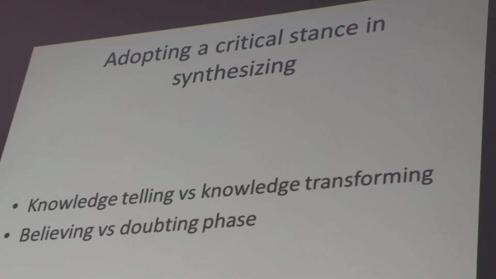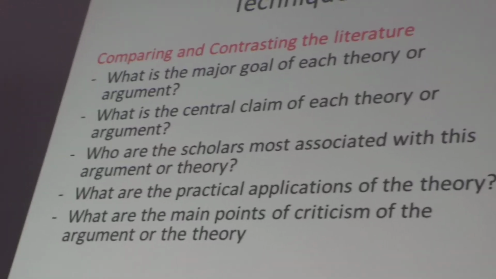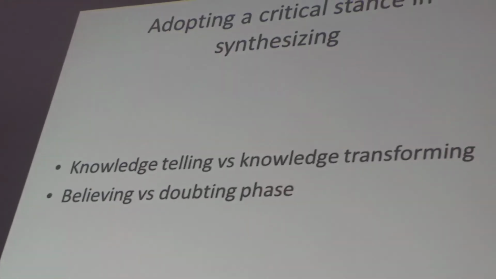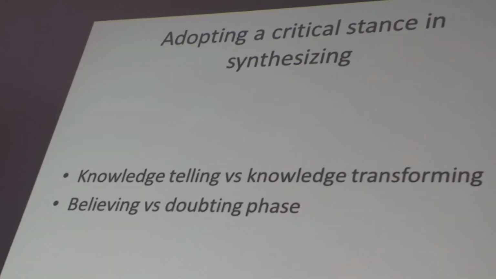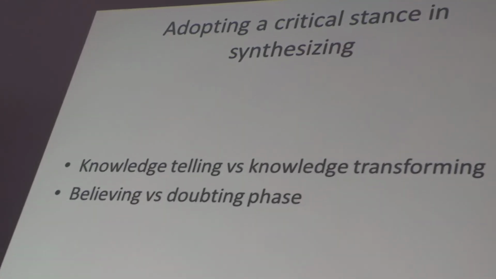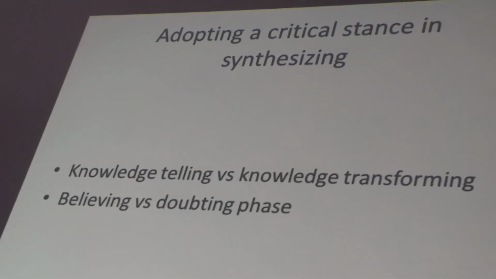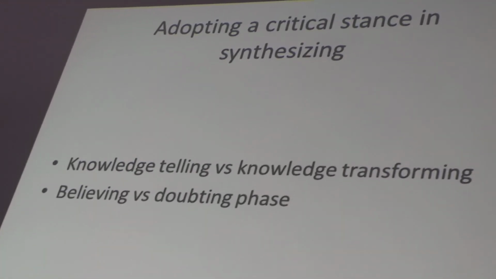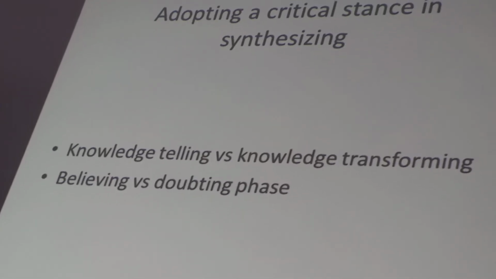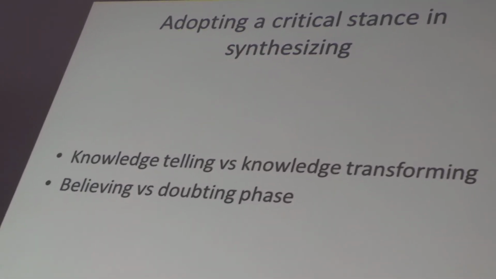So we've got here two techniques, as you can see. We've got comparing and contrasting the literature, and we've got adopting a critical stance in synthesizing, not only through knowledge telling but through knowledge transforming, and not only through the believing phase but also the doubting phase.